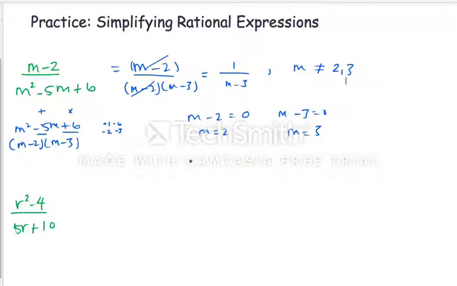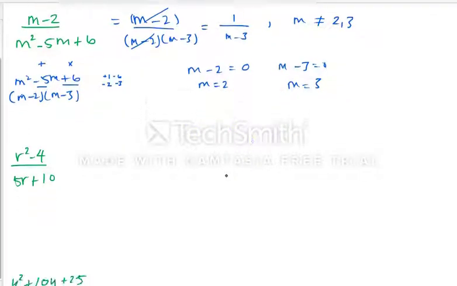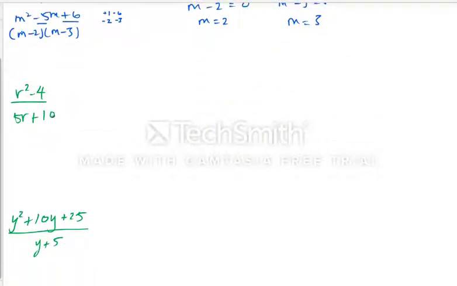Let's move on to our next example. R squared minus 4, over 5r plus 10. Let's see. Let's factor something. So r squared minus 4 is a difference of squares. This factors to r minus 2 and r plus 2. The denominator, ugly line, let's try to fix that.